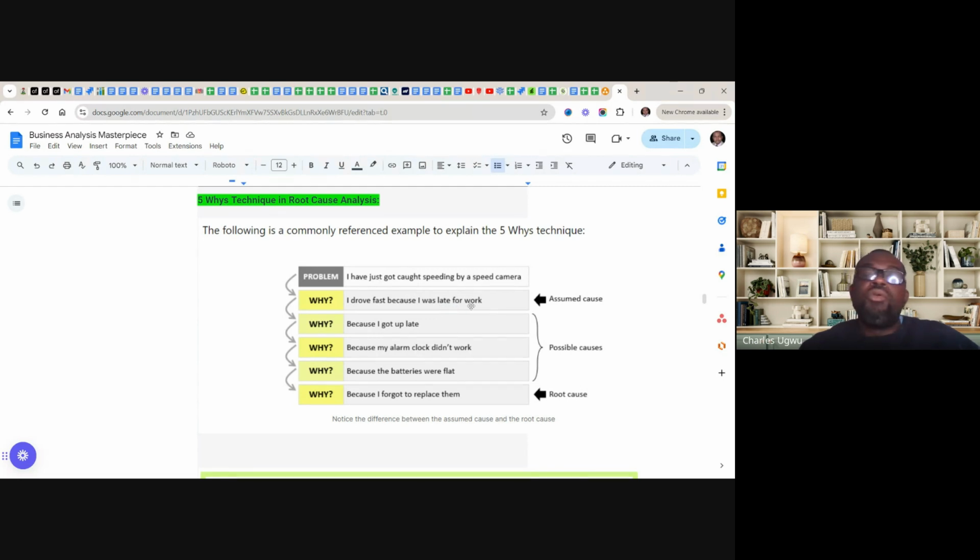So you have been given a ticket by the speed camera operatives, and you want to know why they gave you a ticket. You drove fast because you were late for work. Why were you late for work? Because you got up late.